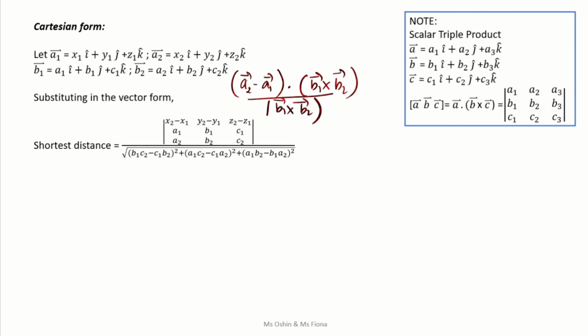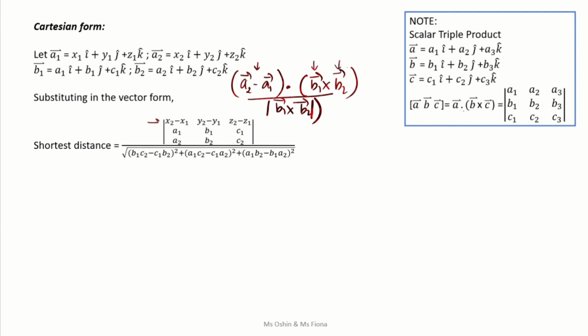So the numerator, if you see, is nothing but the scalar triple product. And the scalar triple product, that is A dot B cross C, can be found as the determinant of a1, a2, a3, b1, b2, b3, c1, c2, c3, which are nothing but the direction ratios of vector A, vector B, and vector C. So the numerator can be written using the direction ratios of A2 minus A1, B1 and B2 vectors.